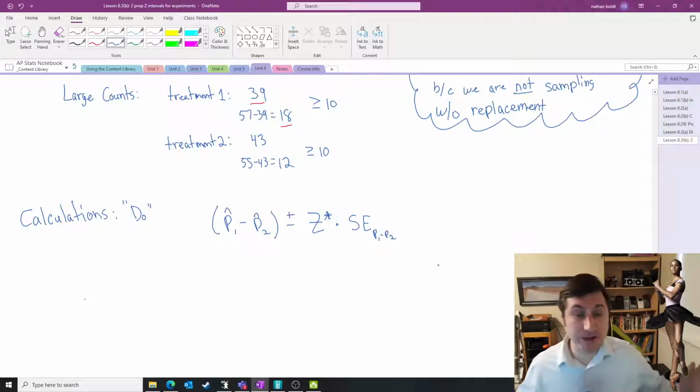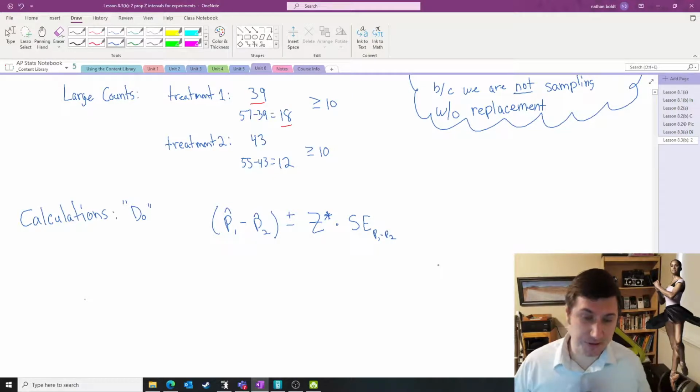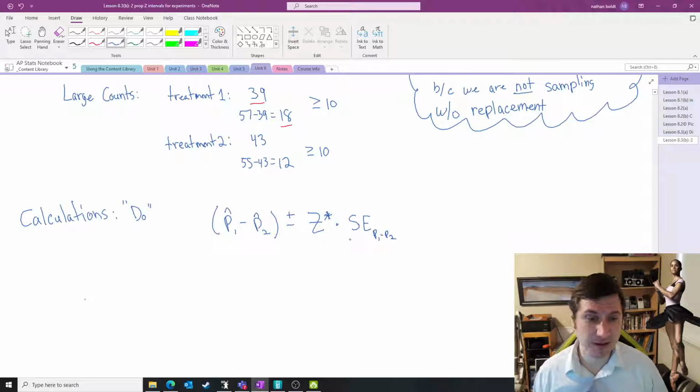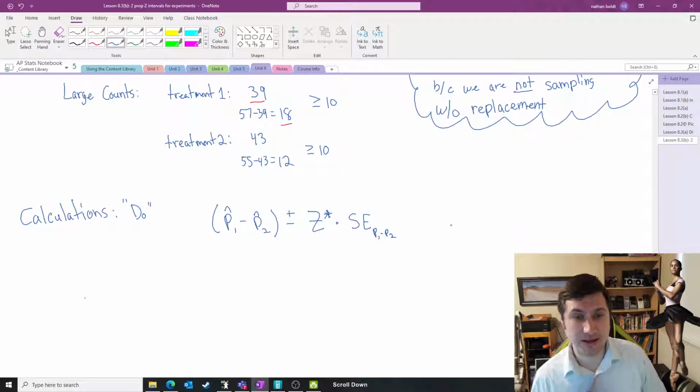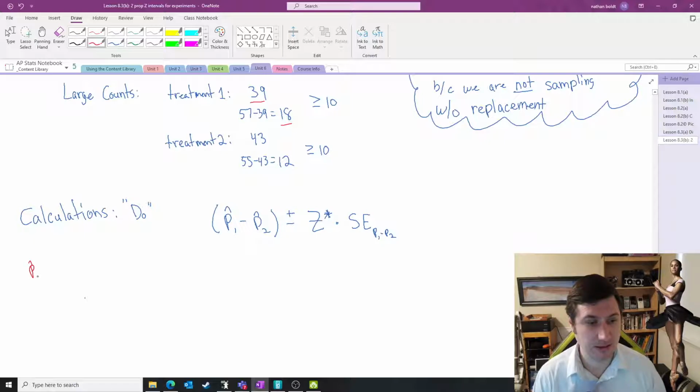We're going to do this by hand, but then, of course, we will look at how to do it with a calculator. I think it does help us understand where this all comes from if we see the entire math worked out. So what is P1? Well, that is 39 out of 57, and P2 is equal to 43 out of 55.